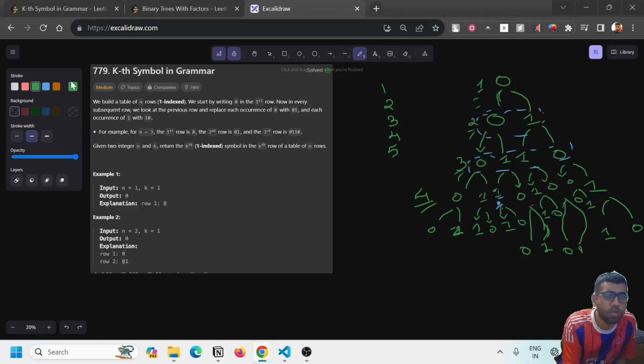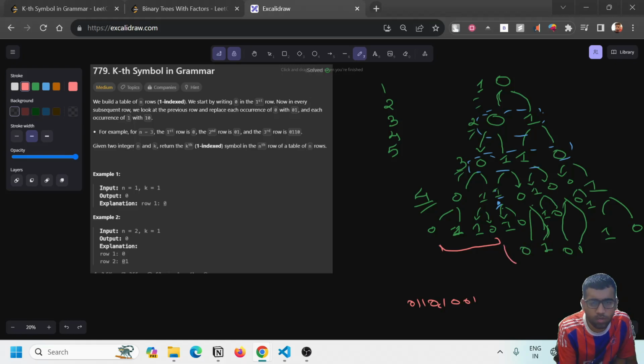What were the elements that we got in the fifth row? So this is 0 1 1 0. Then a set of 4: 1 0 0 1, 1 0 0 1. Great. This is the second set that was completed.